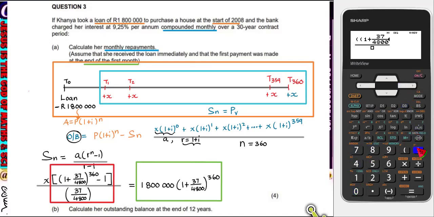I need to close the bracket, and I need to raise this one to 360, navigate to the right, minus the 1, close the bracket, go down, open the bracket, 37 all over 4,800, navigate, then I close. There's that answer. I'm going to store that in alphabet B.